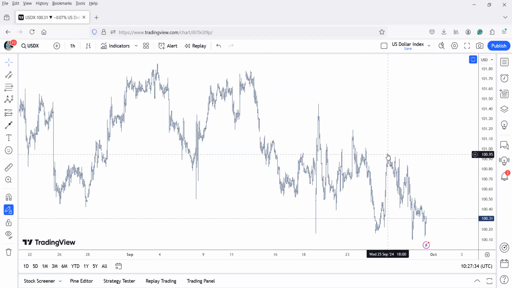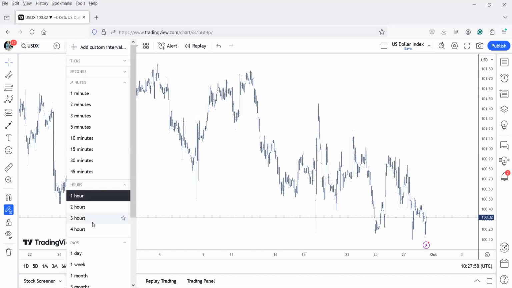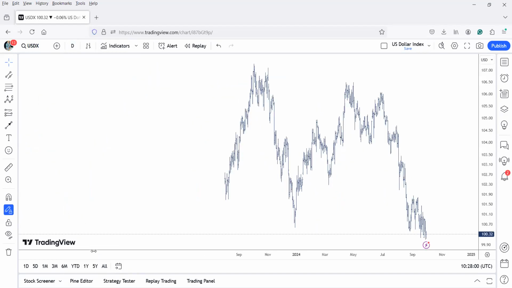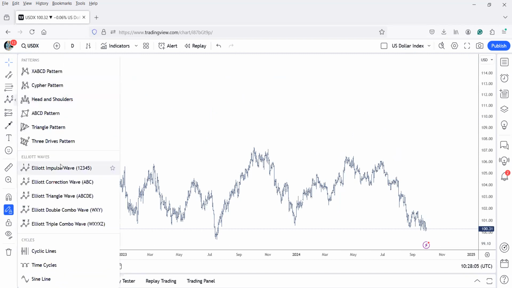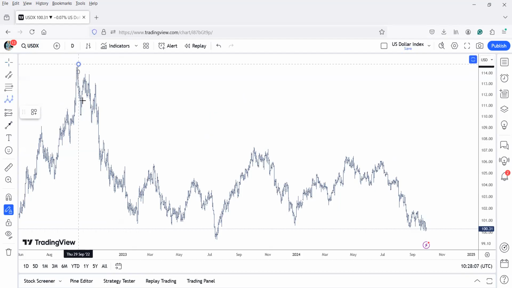Bottom line, we need to see a break above 100.95 for confirming that the dollar index has got it up. All right. Otherwise, the overall structure is almost quite similar to what we discussed earlier.